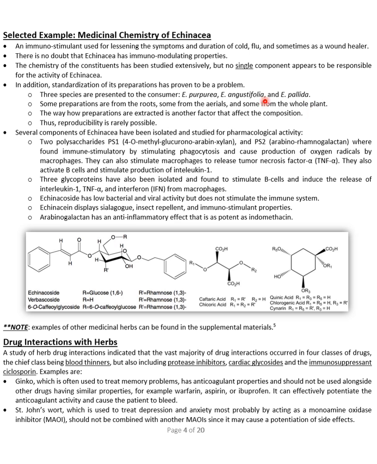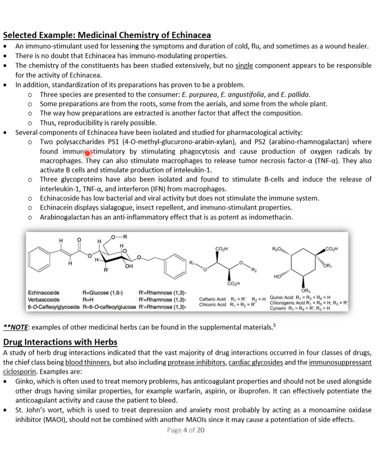So again, by selecting which plants and selecting which part of the plant, besides how these preparations are extracted, all this can affect the composition of the material that we are using. So besides, the reproducibility of such material will not be possible. So again, standardization is an issue.